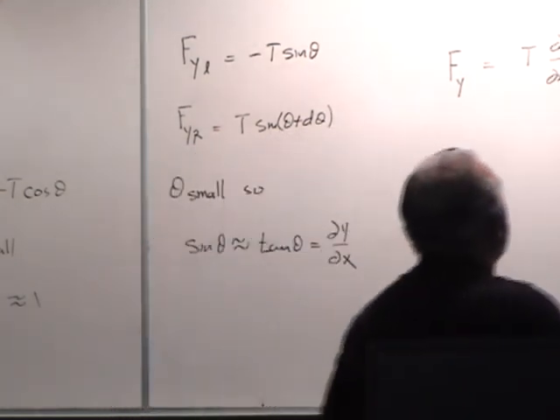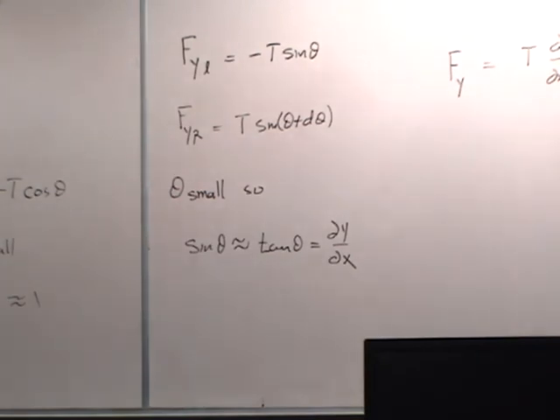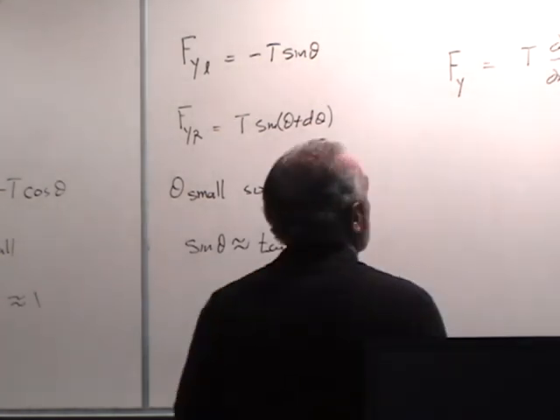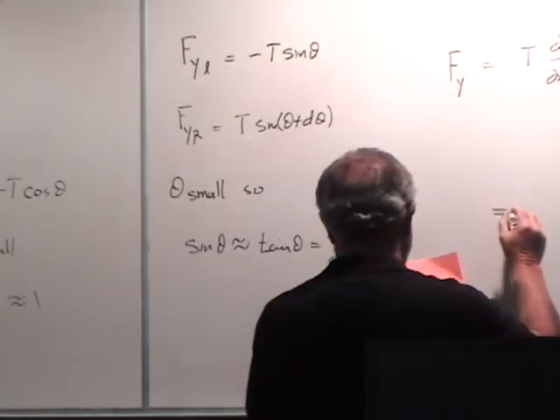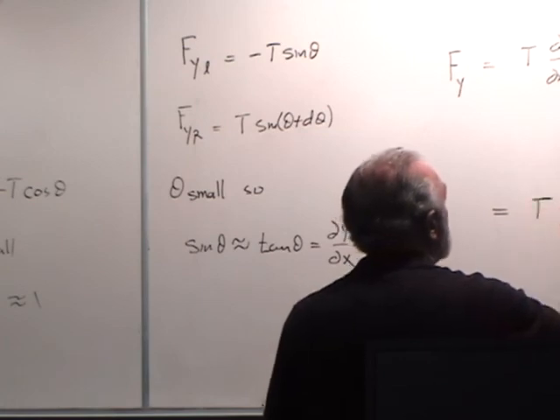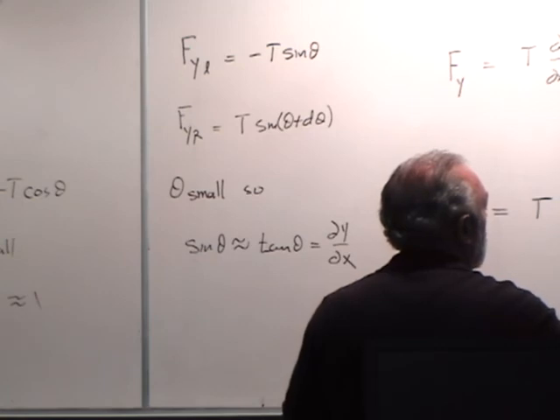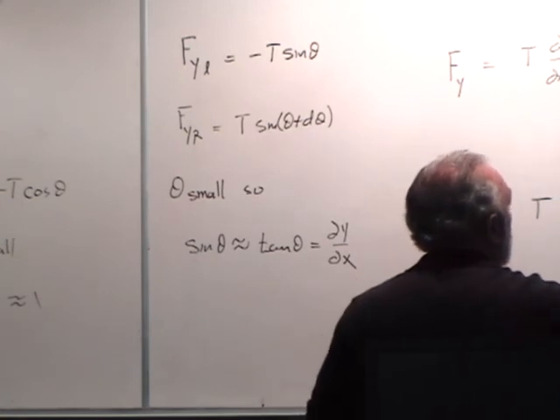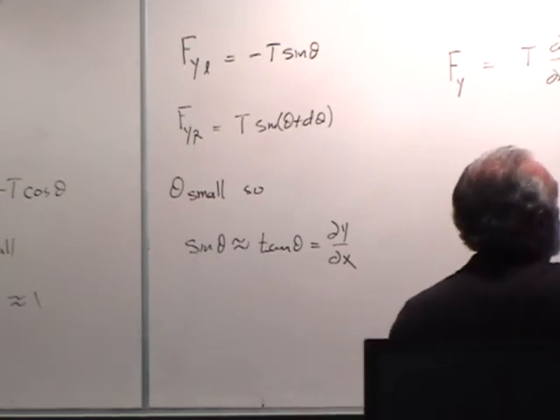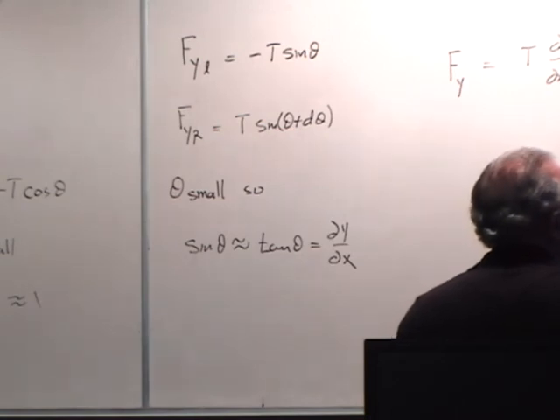So now we have two slightly different positions to deal with because we're dealing with dy dx at the further position as opposed to the initial position like that. So factoring out the T because it's the same, we have T times dy dx at x plus dx minus dy dx at x, like this.